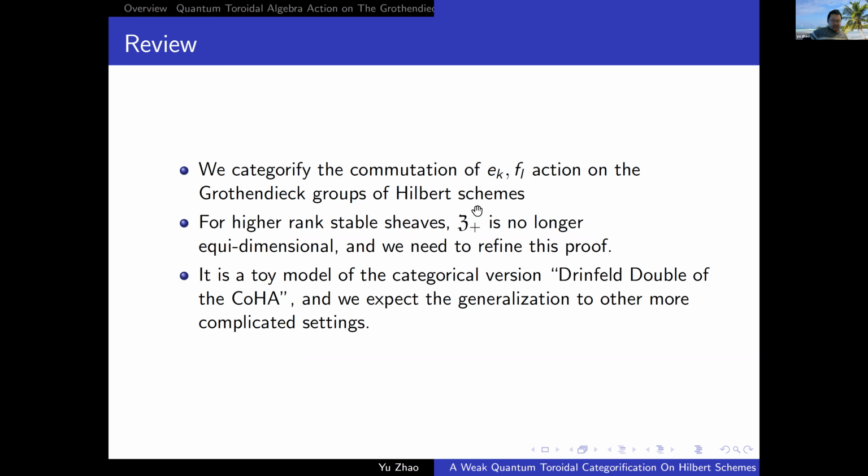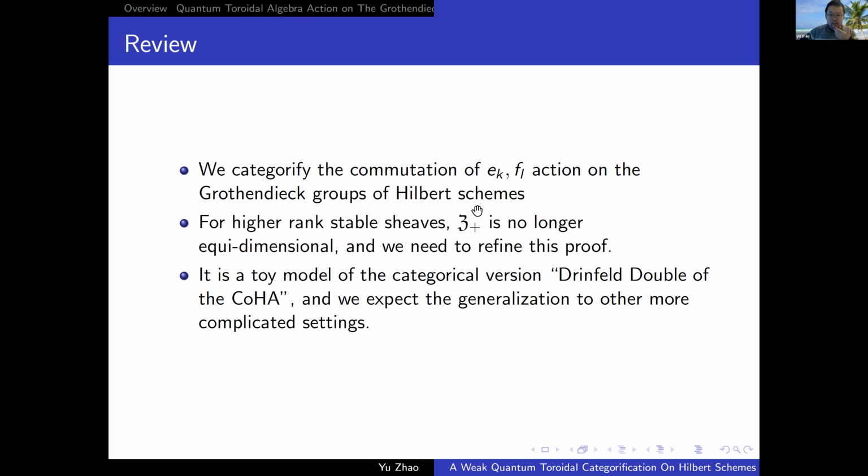So this would not work, and we need to find some refinement way to redefine the EK-FL and do the categorification part. And the third part, this kind of toy model for the categorical version for the dream field double of the Coha. And of course, we also expect the generalization to other commutative settings.